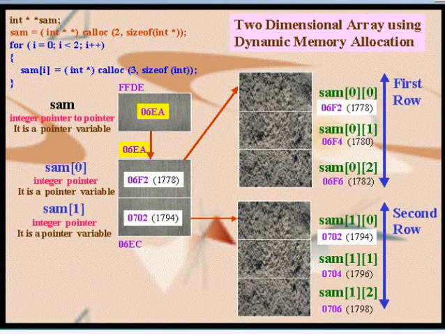Okay, now you see next point. Sam, Sam0 and Sam1, they are not variables when you implement two-dimensional array without dynamic memory allocation scheme. But here these are pointer variables, means these are variables. Sam is a variable, Sam0 is a variable, and Sam1 is also a variable.